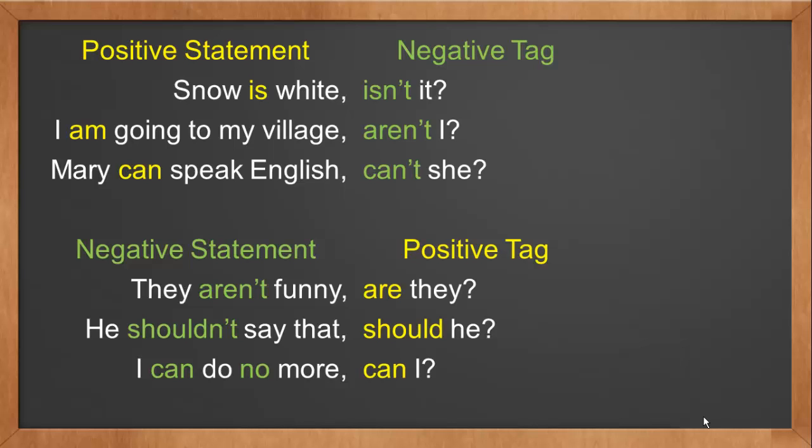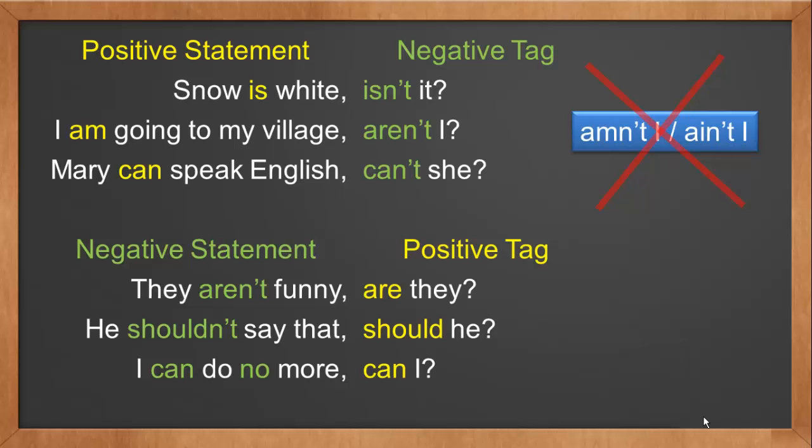Over here the auxiliary verb is am, and remember the opposite of am is aren't. Aren't I? Because the pronoun was I, so we use aren't I. Remember, we should not use amn't I or ain't I, especially in formal English. We use aren't as the opposite of am.